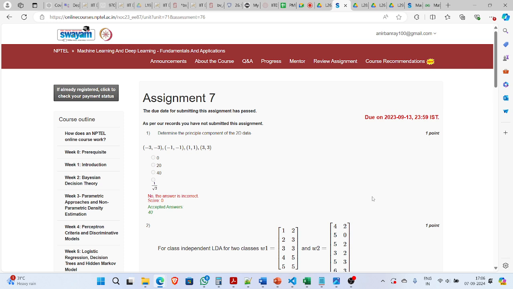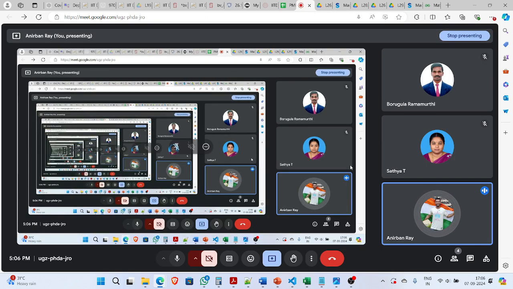So we'll have to see what the problem is. Maybe I'm doing it correctly, but the answer is wrong here. So this is where we finish, this is week 7 done. I'll look at this problem, whether the question is wrong or I'm doing it wrong.